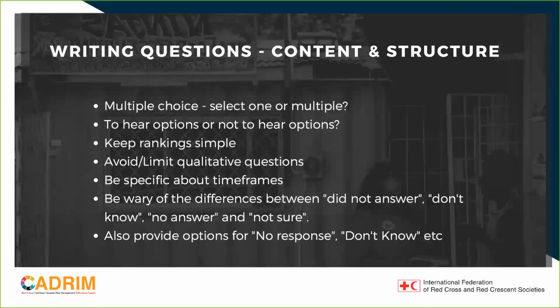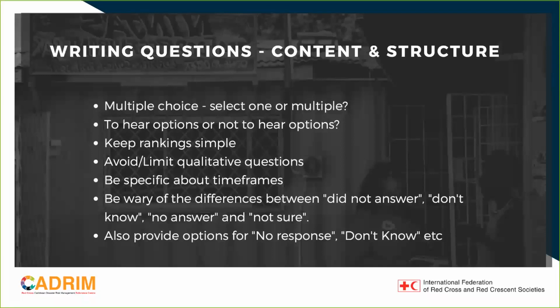We also advise that you keep rankings simple. So, for example, if you use a scale, don't use a scale that has 12 different options. You would never do this, but highly, highly, highly, and just highly, and then something else, all the way down to 10 options or 12 options.